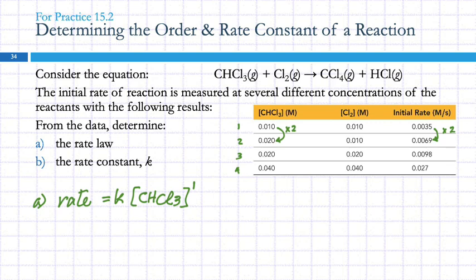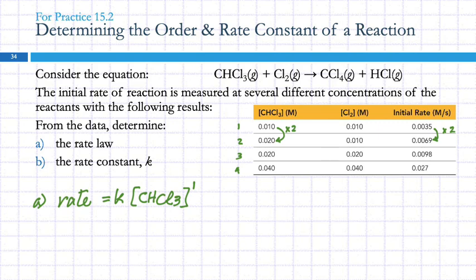So to find the order for the other reactant, we need to find 2 trials where the CHCl3 stays the same and the Cl2 changes. So which 2 trials? 2 and 3. So going from 2 to 3, this concentration stays the same, and this one does what?